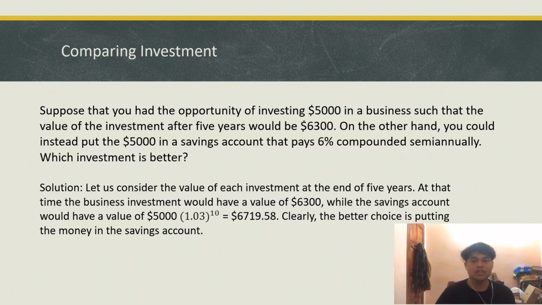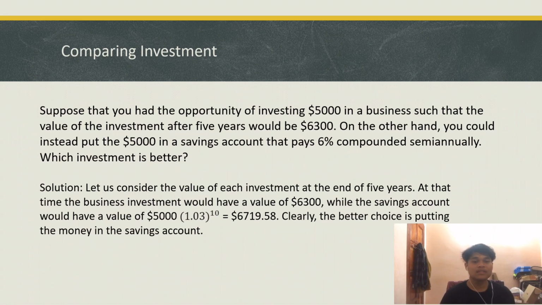So the solution is, let us consider the value of each investment at the end of 5 years. At that time, the business investment would have a value of $6,300, while the savings account would have a value of 5,000 multiplied by 1.03 to the power of 10, because we follow the formula.